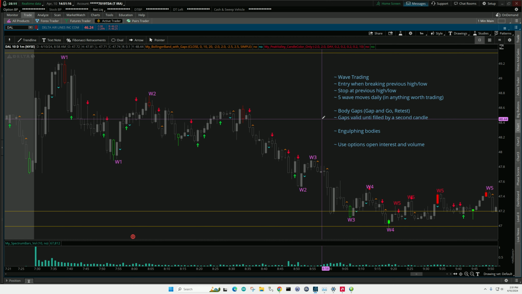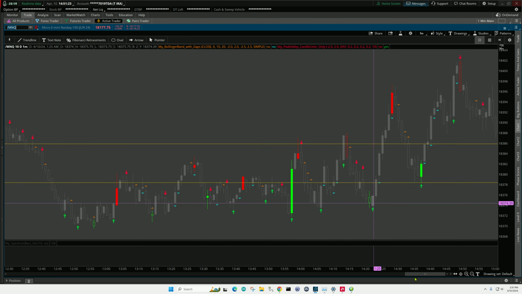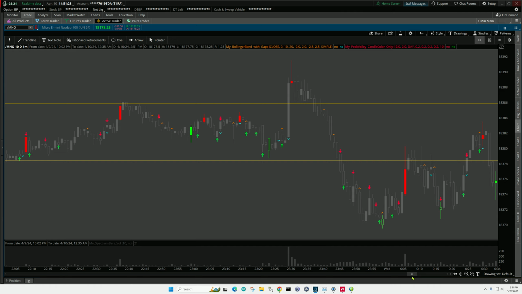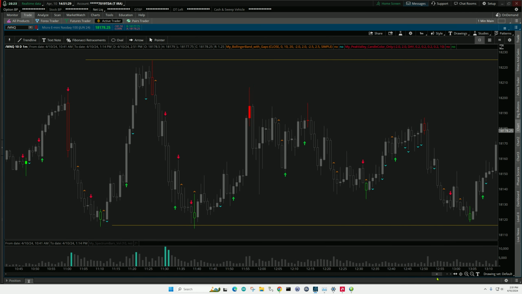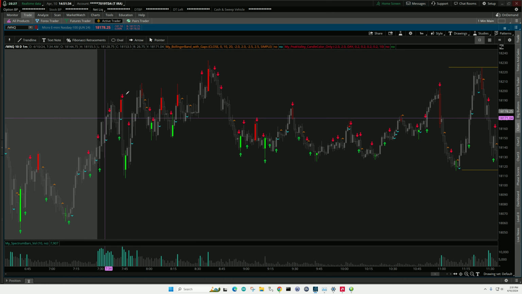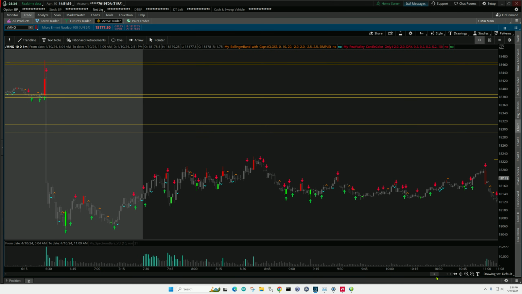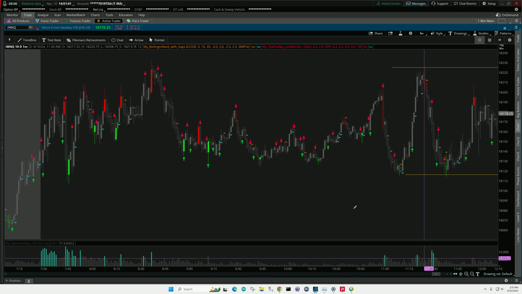It could be a stock priced in a much lower range, or even if you're trading micro NASDAQ futures, which is something I trade, just make sure that it's got a lot of waves in it every single day. And here in the futures, you can see waves in here. So pretty choppy day on the futures, but there are waves in there that are tradable.